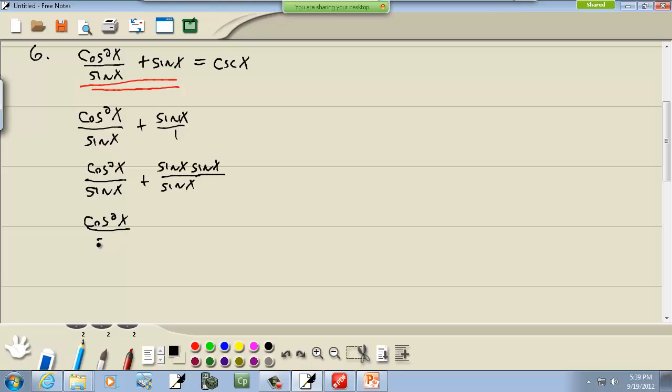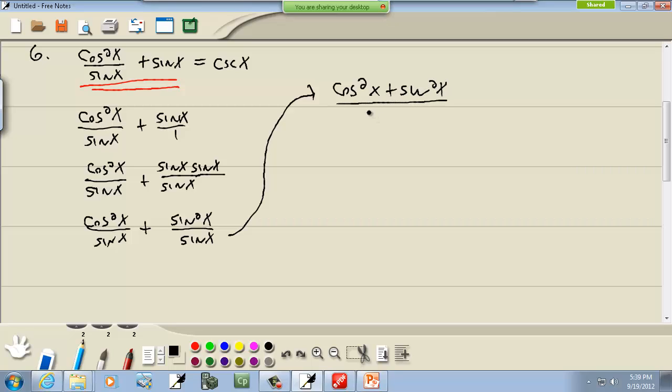So we got cosine squared over sine plus sine times sine is sine squared over sine. Now since they have the same denominator, we're going to merge together the tops and put it into a single fraction. So we've got cosine squared plus sine squared over sine.